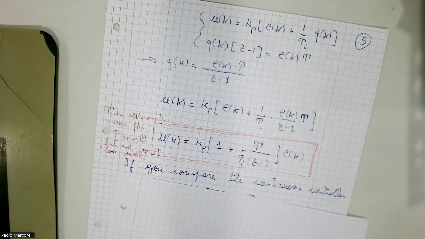So we are able to characterize the controller in discrete form using a transfer function, a pseudo transfer function. Instead of S, we have a Z with a shifting operator.